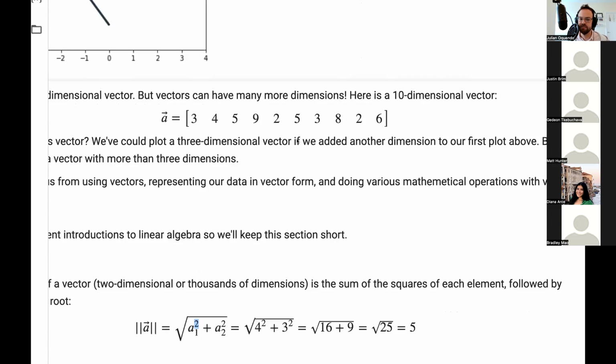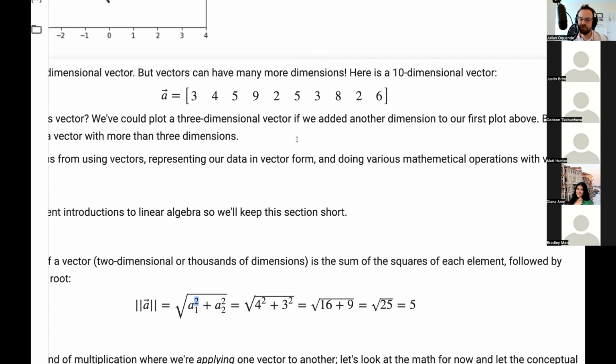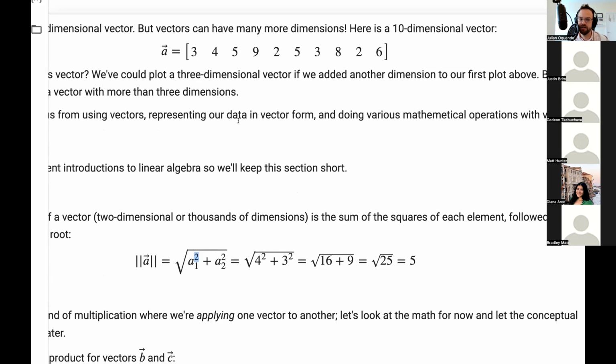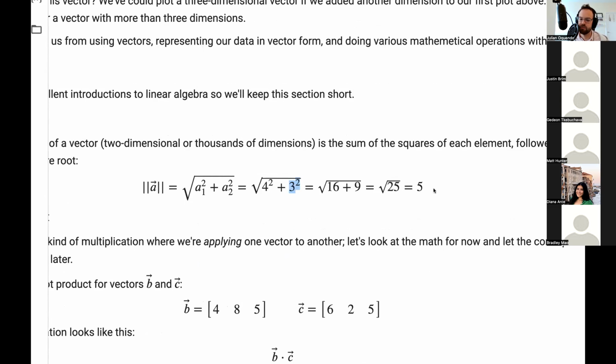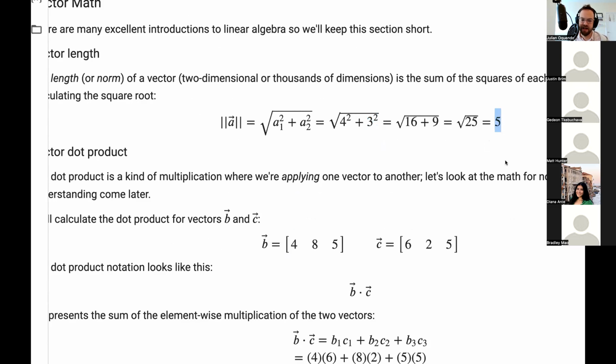In this case, we can take our values of 3 and 4. You square your 4 and you square your 3, you get 16 plus 9, which is 25, and the square root of 25 gives the value 5. So the norm of that vector of 3 and 4 would be equal to 5.